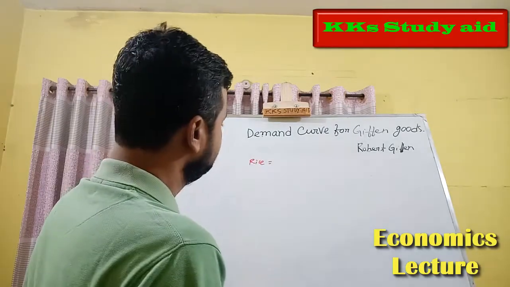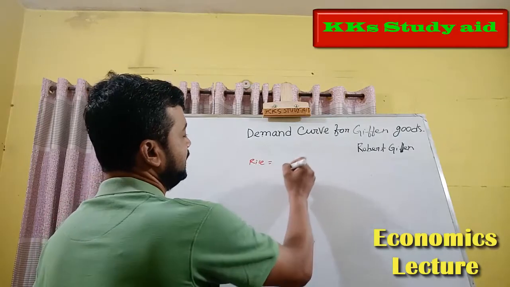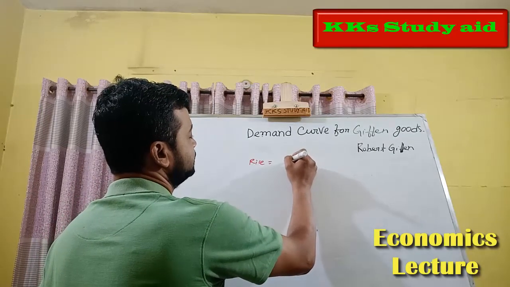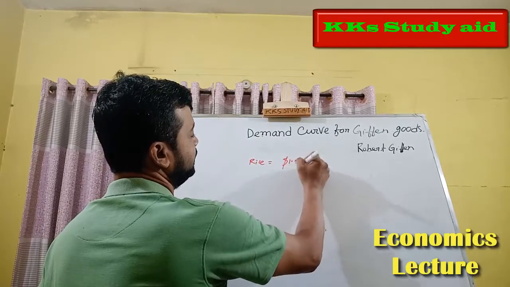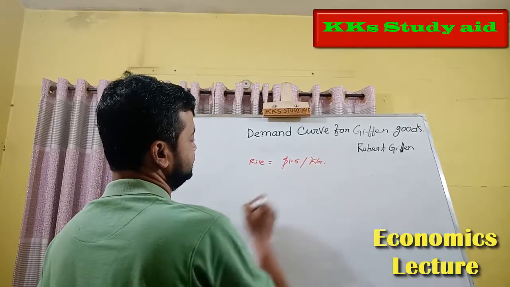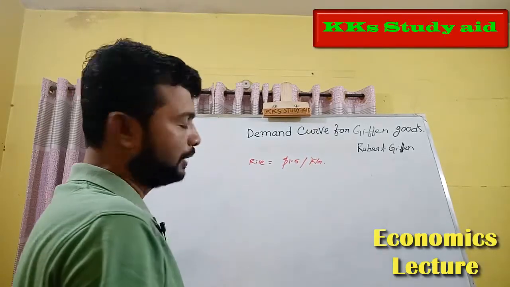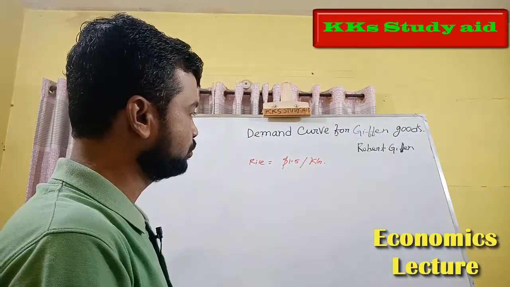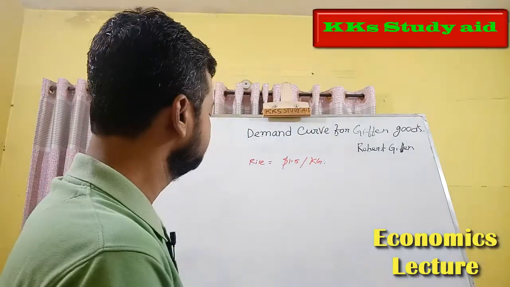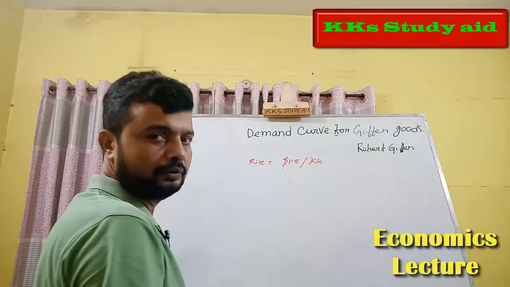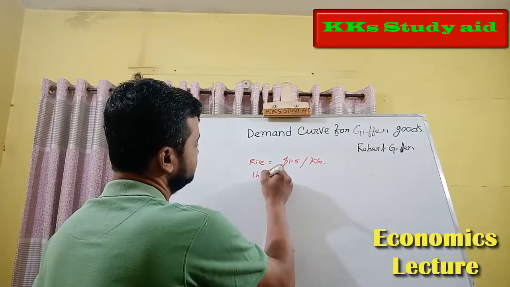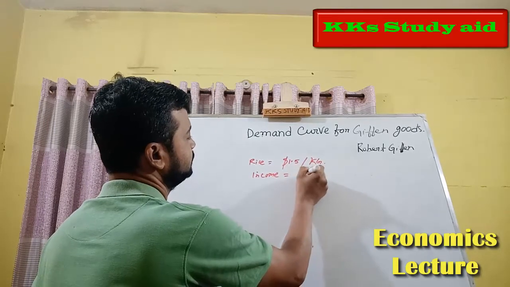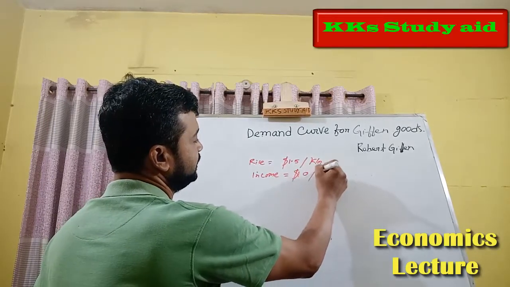Think that the price of rice in the market is $1.5 per kg, and a poor person's income is $10 per week.